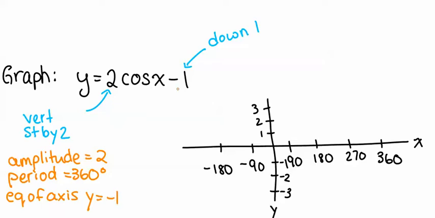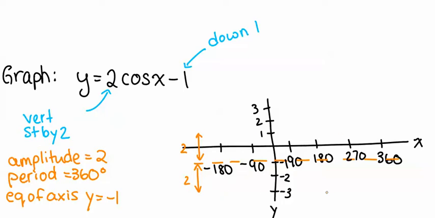So if we want to graph it, negative 1 is going to be the middle of our graph. Our amplitude is 2. I know my graph is going to go as high as 1 and as low as negative 3 because it has an amplitude of 2. So I'm going to have a maximum at 1 and a minimum at negative 3.